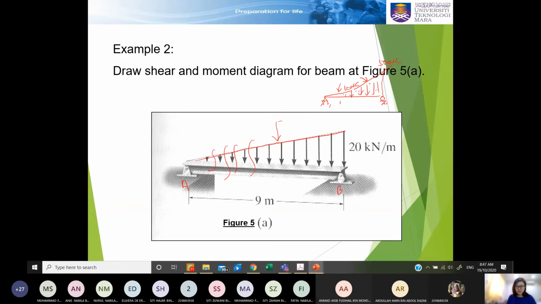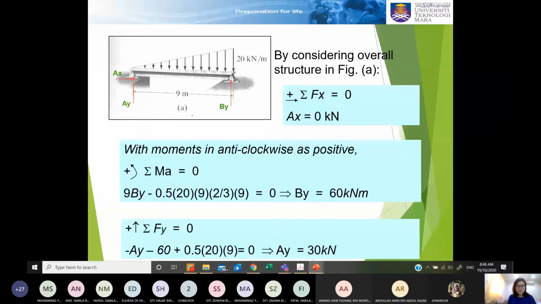Now let us try solving this simply supported beam. In these slides we will see how to determine the support reactions. Again, we use the equilibrium equations. In this case there is no horizontal force.